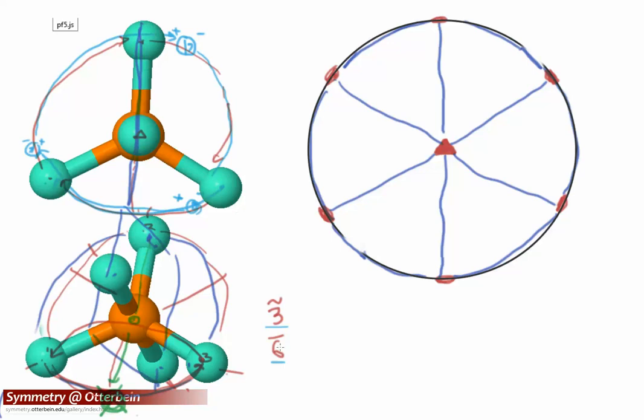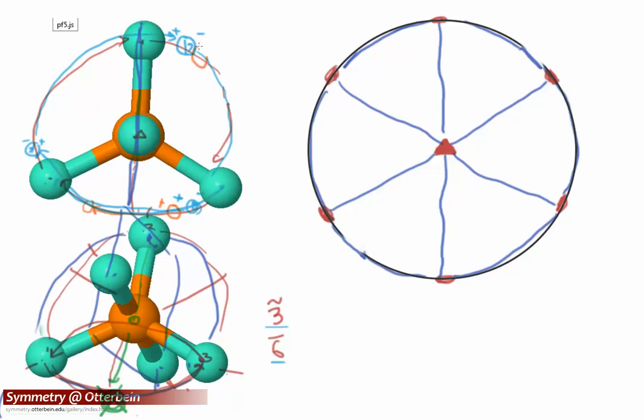A sixfold roto inversion means, I'm going to choose a different color for this. Let's say I start out, I'm just going to put this one just next to it because that'll be easy for us to see. And I'm going to start out above the plane. Now, a sixfold rotation is going to bring me pi over 3 radians over here, and then I invert through the center point.